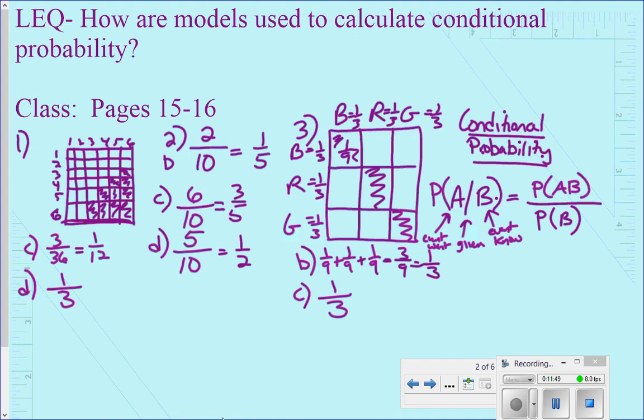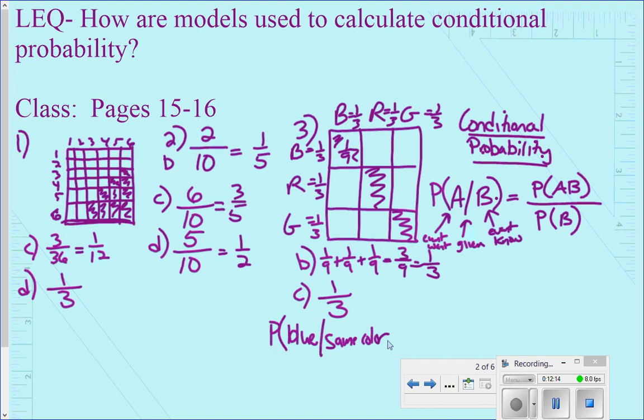So I'm going to go back now, and I'm going to show how the formula would work on part C of number 3 that we just finished. So the question says, if you know you got the same color twice, what's the probability the color was blue? So in other words, what I'm looking for is the probability of blue given same color twice.